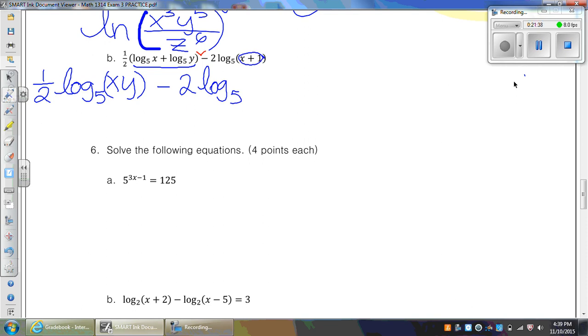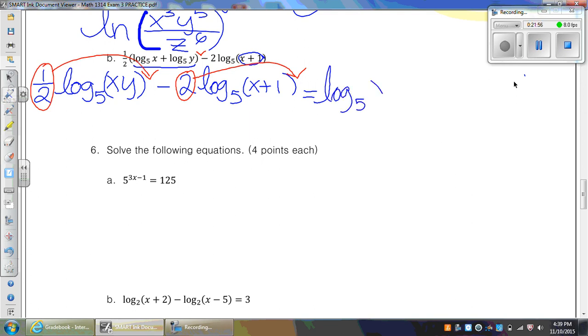No, right? That rule doesn't apply to it. So now what I will do is use power rule in reverse. And I will have log base 5 of xy to the power 1/2. And then minus log base 5 of x plus 1 squared.